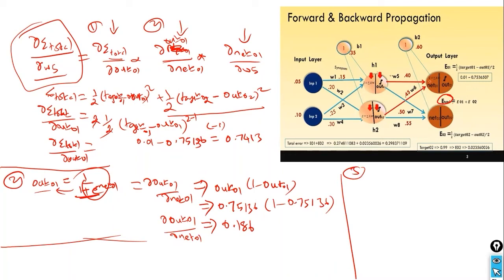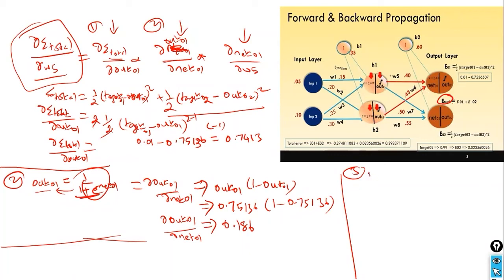This net O1 is depending on what? The W5 into out H1 plus the W6 into out H2. For this, the inputs are coming from here and here, the red color only, that's why I have given different colors here.